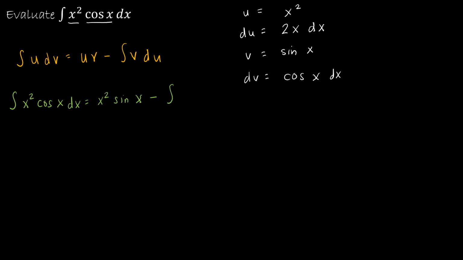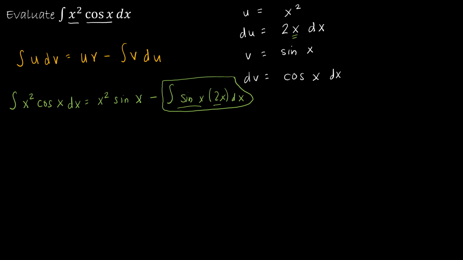So I get the integral of sine of x times 2x dx. So again, this is why this one's a little bit harder, because my derivative had an x in it, it made it much more difficult, because now I have the product of two functions and one of them is transcendental, so that means integration by parts.